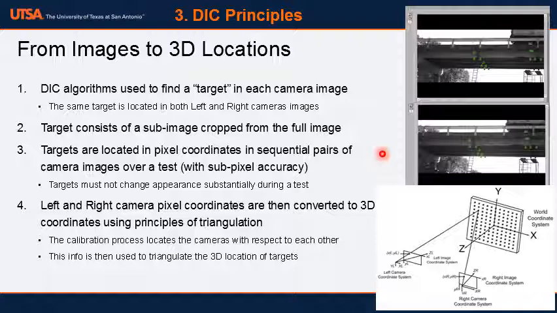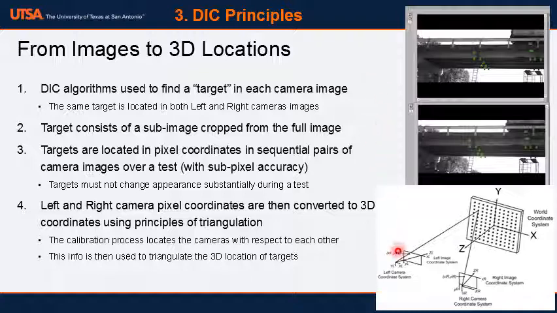But if the target changes shape or size, or maybe you get a big crack going through it, or some water comes onto it and it looks different, then the system will not be able to find it, or will find it less reliably. So it's important when you pick your targets that you pick them such that they do not change how they look or appear over the experiment.